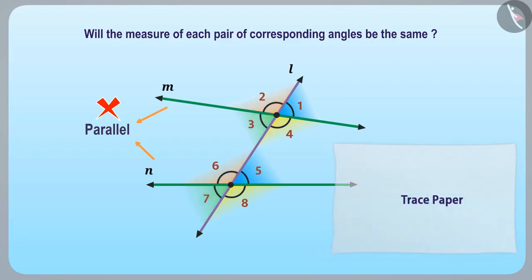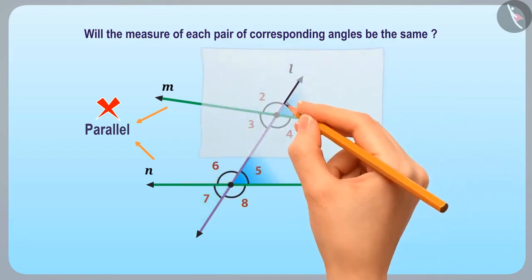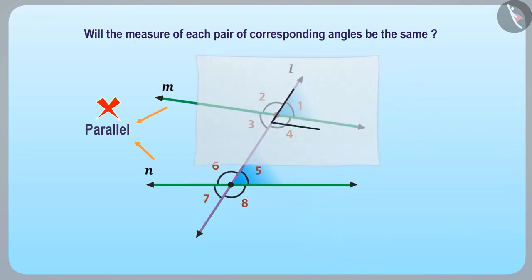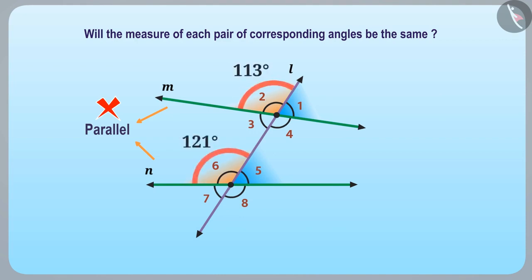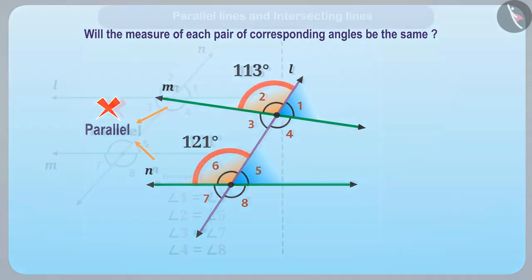If we make this angle on a trace paper and keep it on the corresponding angle, then we will find that they do not cover each other completely. If we find the measurement of any angle and its corresponding angle with the help of the protractor, then we will know that in this case the measurement of the corresponding angle is different.